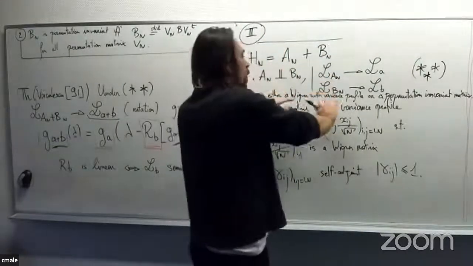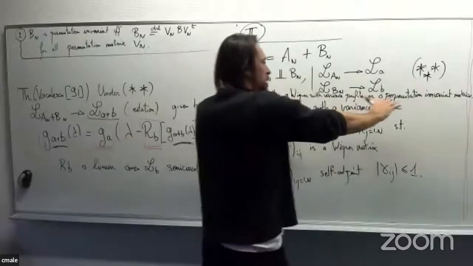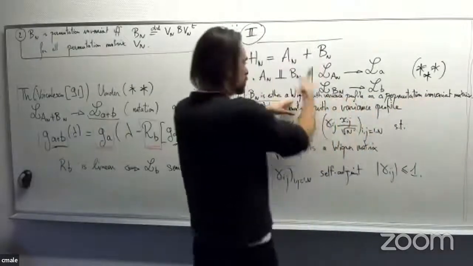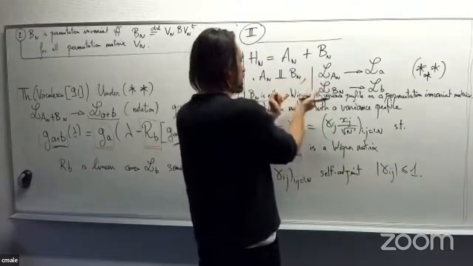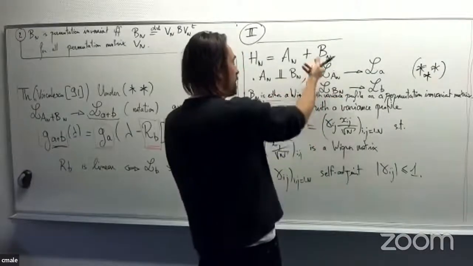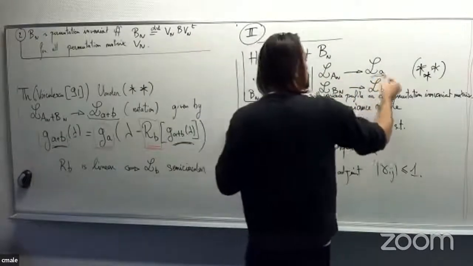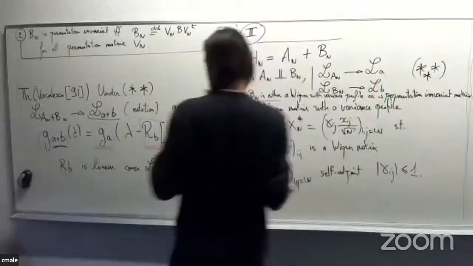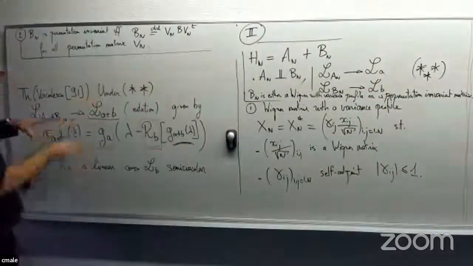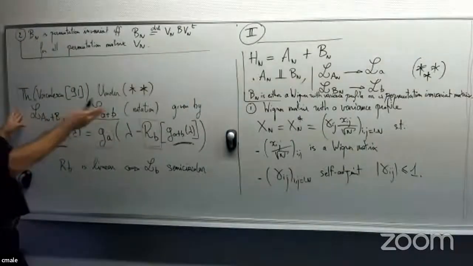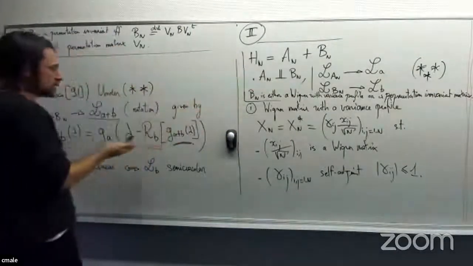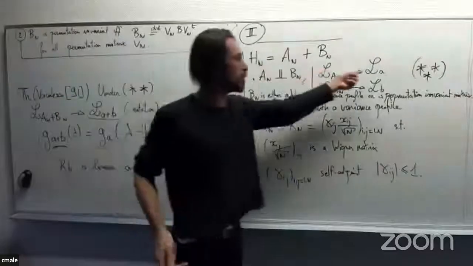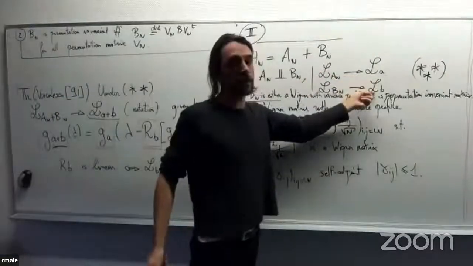But if we only work under this permutation invariant assumption, or if we break the symmetry of the model with a variance profile, it is no longer true that this will only depend on this. The consequence is that we cannot expect to have a theorem where the distribution of the sum in the limit is simply a function of the distribution of A and the distribution of B.